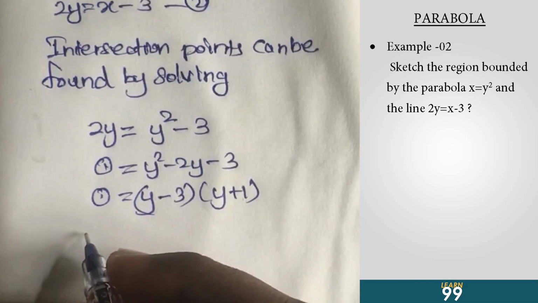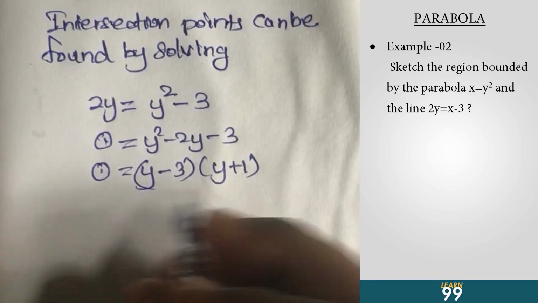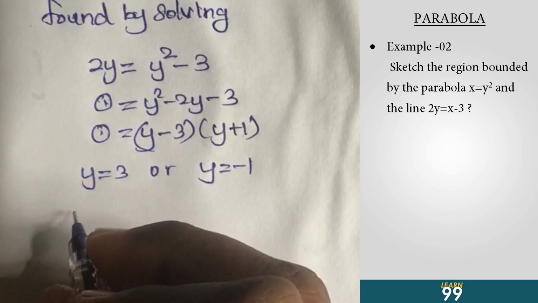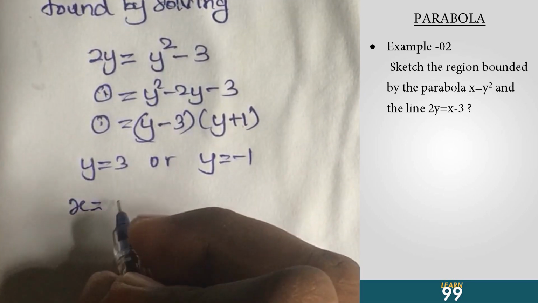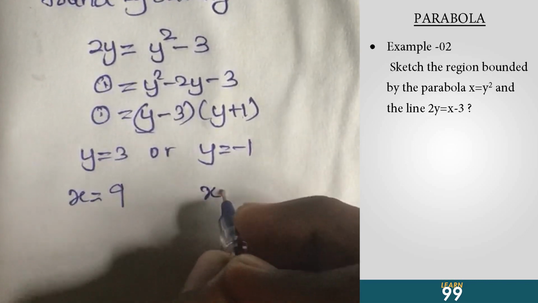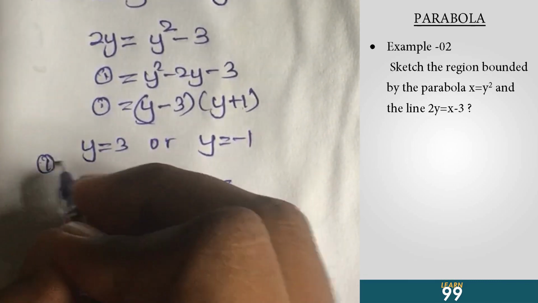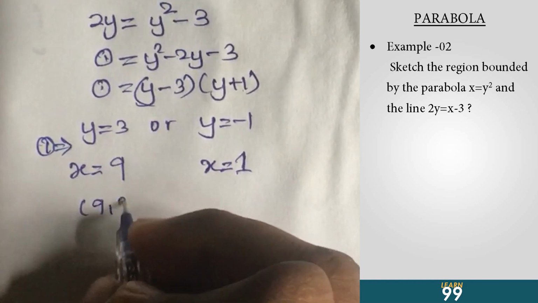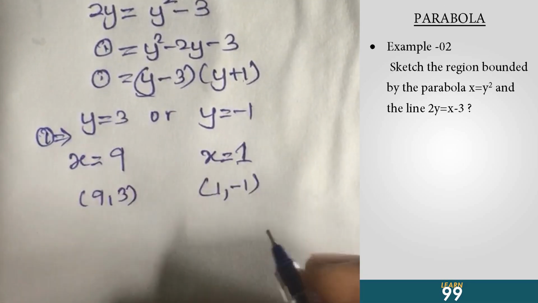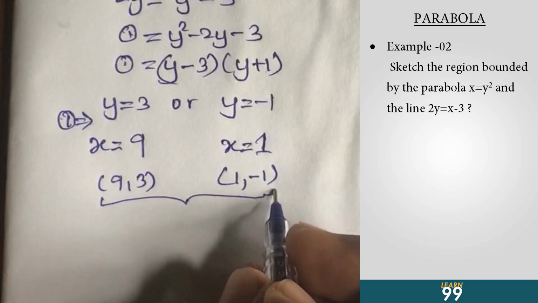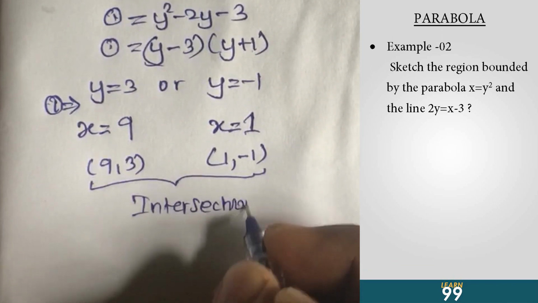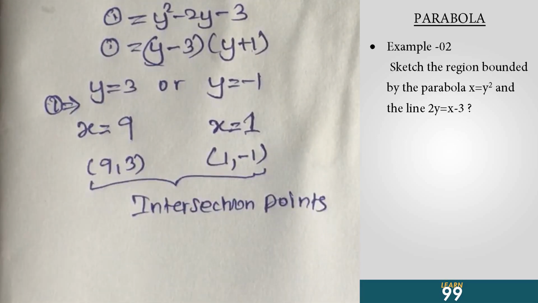Then we can simply do the factorization. Then we will get y equals 3 or y equals minus 1. When y equals 3, if we put the value in equation 1, we will get x equals 9, and if y equals minus 1, our x is 1. Then our intersecting points will be (9, 3) and (1, minus 1).